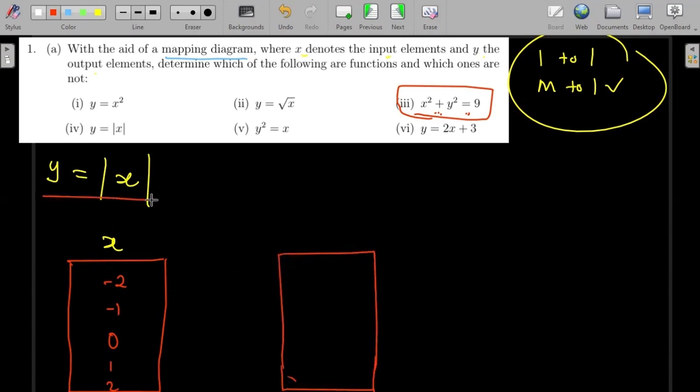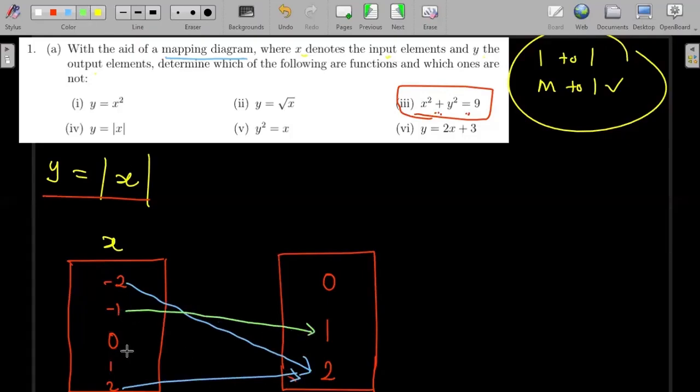If it has the bars, then it's just making whatever is negative positive. So it will just be 0, 1, and 2. So this 2 is going to map to 2. Even this -2 is going to map to the same 2. The -1 is going to map to 1, and the +1 is also going to map to this one. Then the 0 is going to map to the 0.